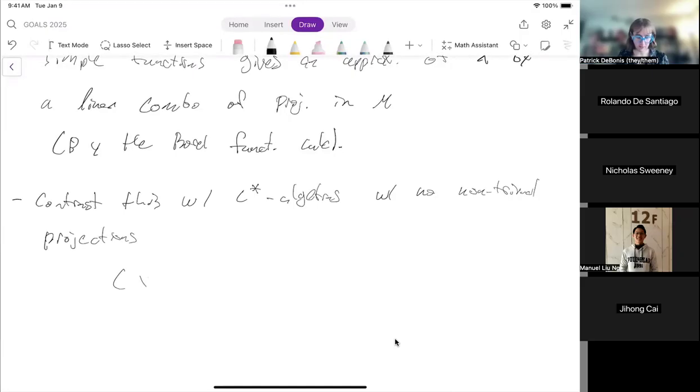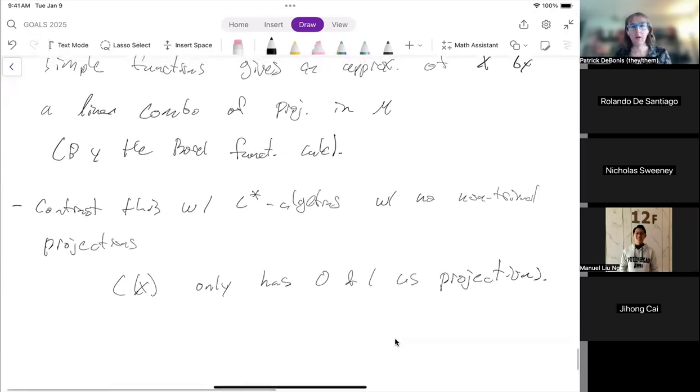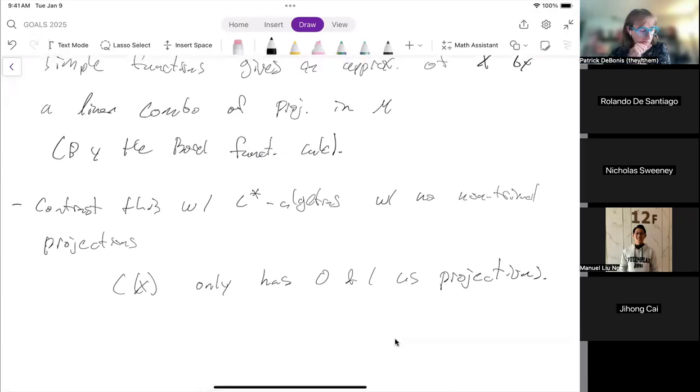Just look at the continuous functions on a compact Hausdorff space. Then the only projections are 0 and 1. I believe there's a link to a non-commutative example in the notes as well. This is if the space is connected, right? Yes.